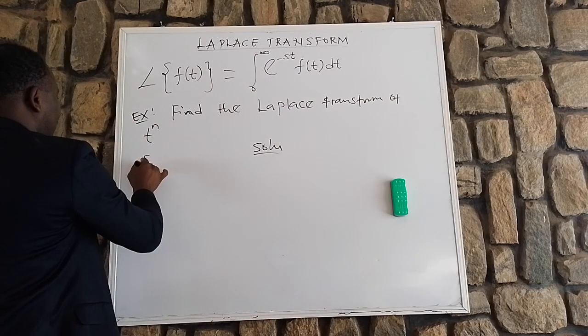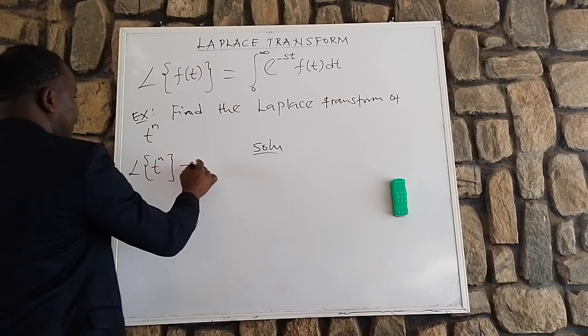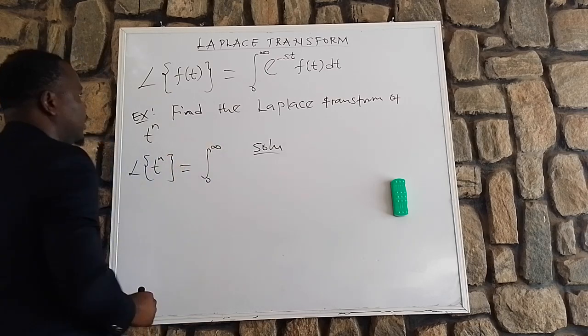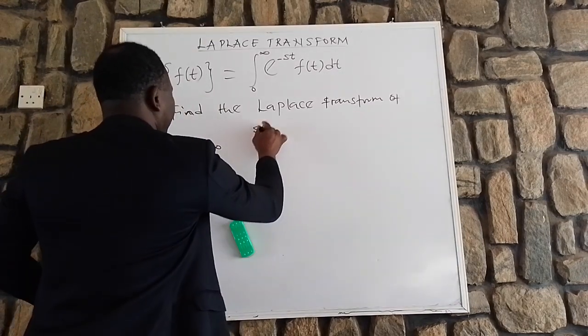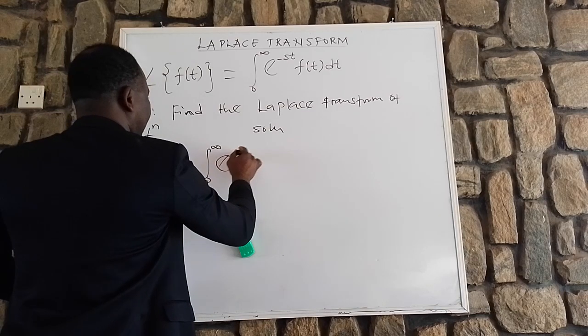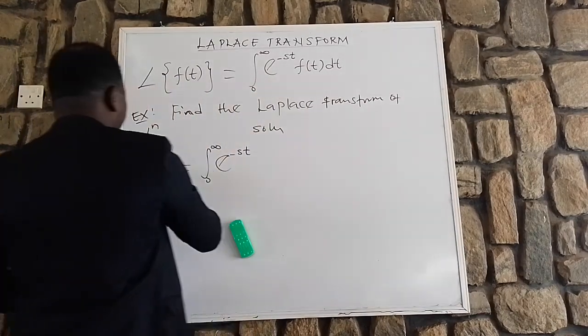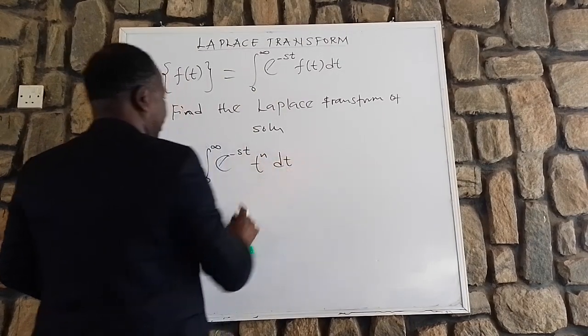So now Laplace of t raised to the power n is equal to the integral from 0 to infinity of e to the power minus st, since our f of t here is t raised to the power n, times dt.